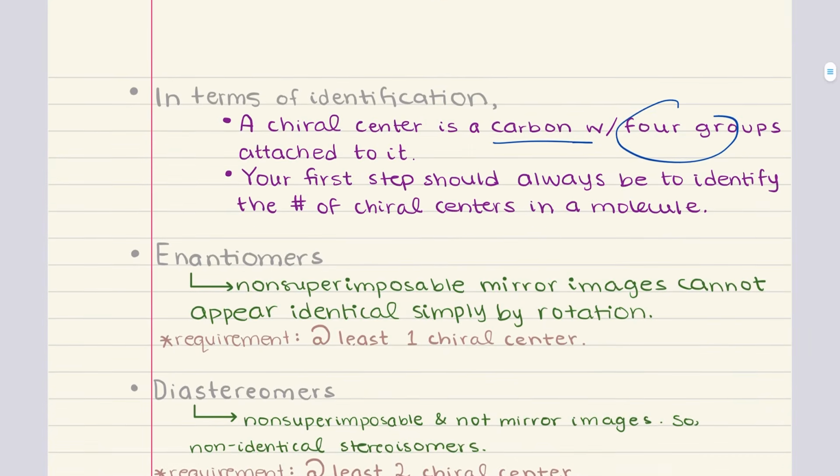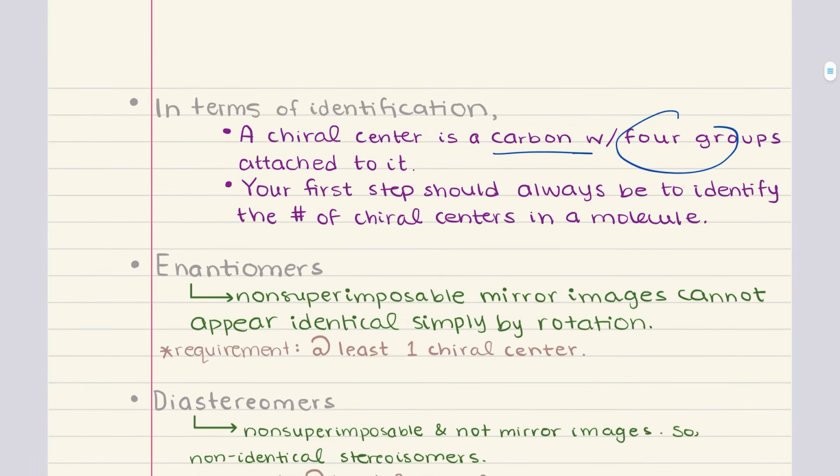Now, from here, we can distinguish between different types of stereoisomers. We can discuss enantiomers and diastereomers. Enantiomers are pairs of molecules that are non-superimposable mirror images of each other. That means they are mirror images, but no matter how you rotate them, you can't align them to be identical.